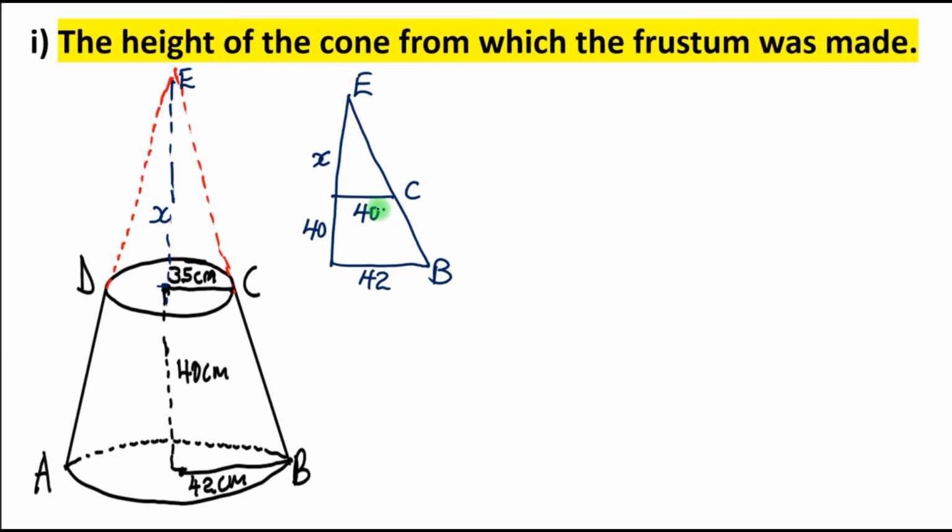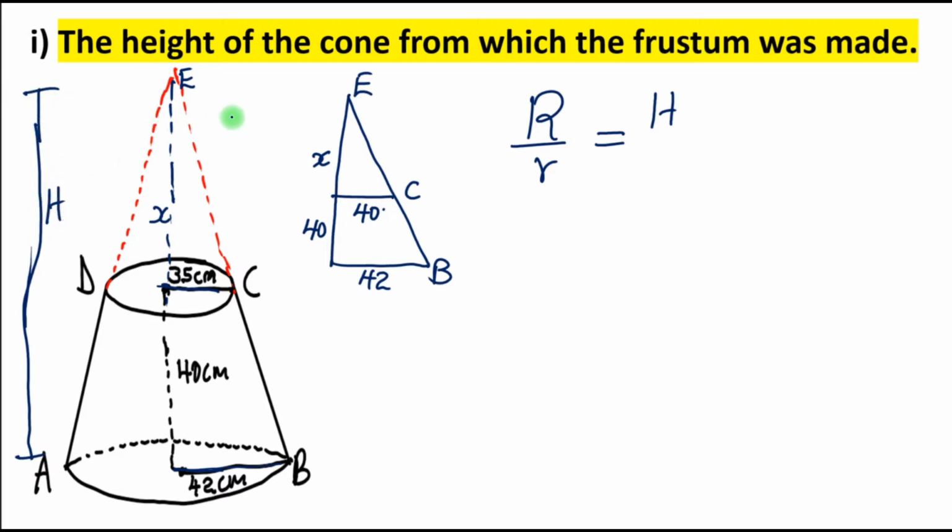So to get the value of X, we need to know that the ratio of the bigger cone, capital R, to that of the smaller cone that was cut off, small r, will be equal to the height of the bigger cone, capital H, to the height of the smaller cone, small h.